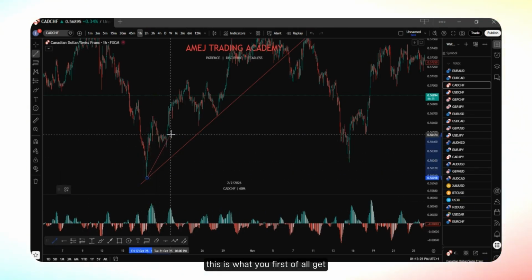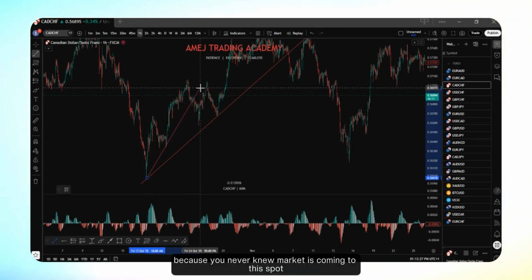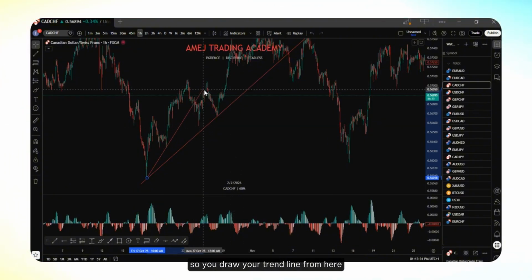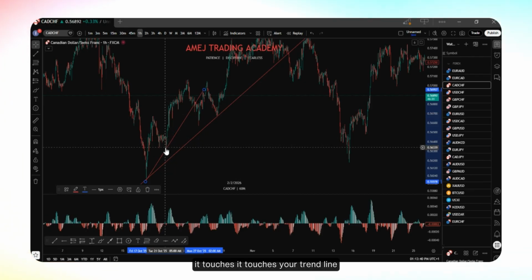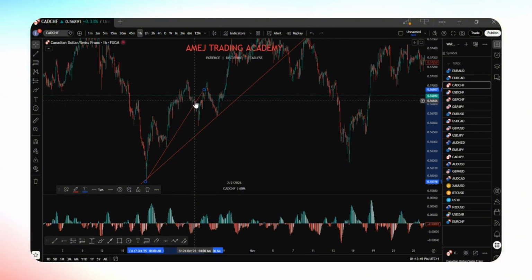This is what you first of all get, because you never knew market is coming to this spot. So you draw your trend line from here. Market moves from here. It touches your trend line. It continues going up.